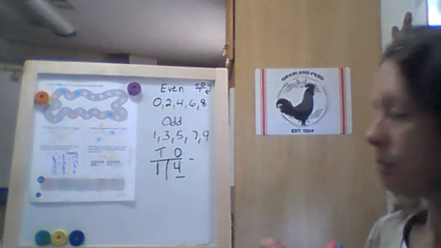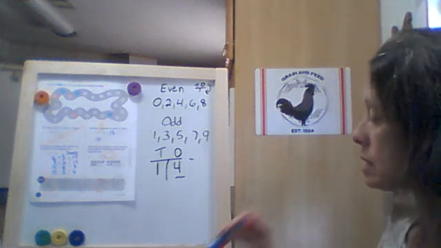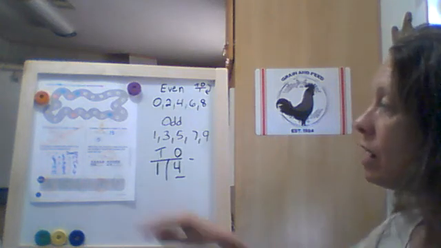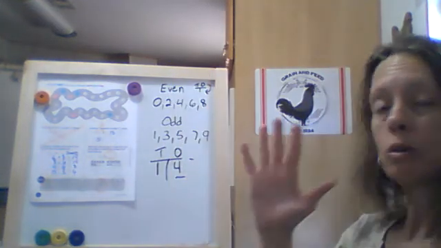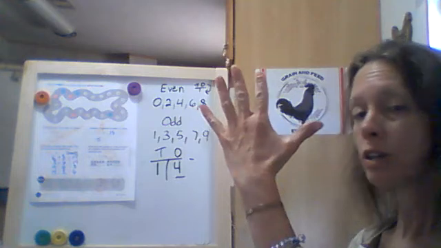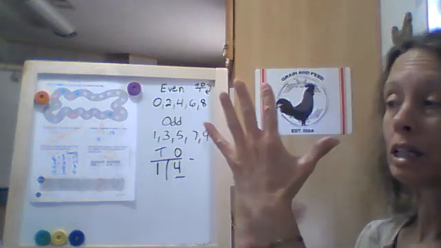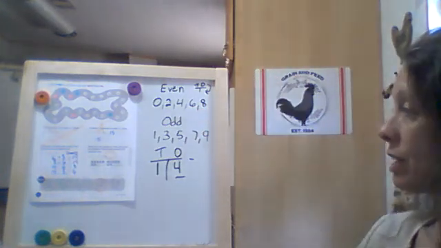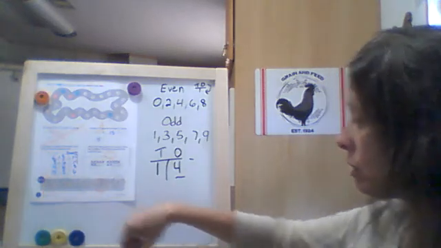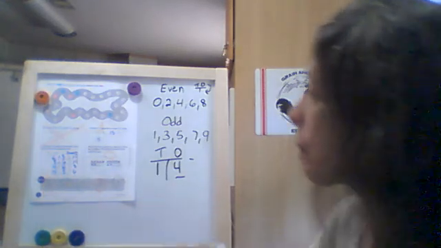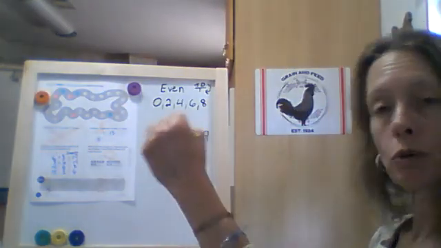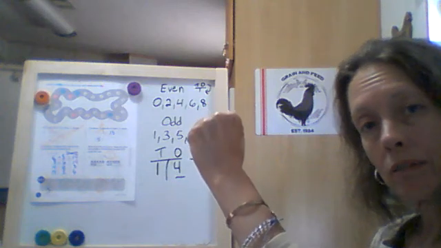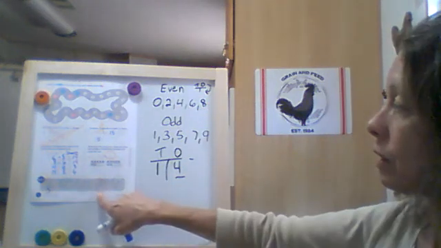Remember, I said the zero property says if you have 5 and you go to take 0 away, how many do you still have? You have 5. You haven't taken any away. How many do you have? 5. That's right. 5 goes right here. If you have 0 and you don't take any away, how many do you have? 0. There it is right there.